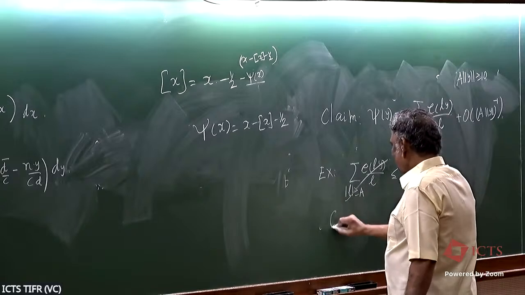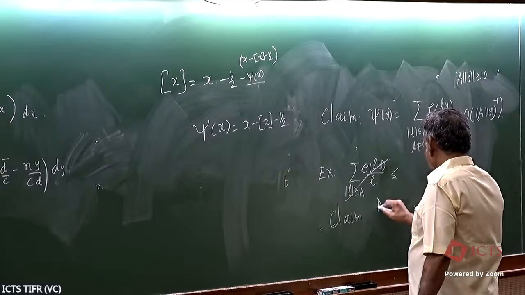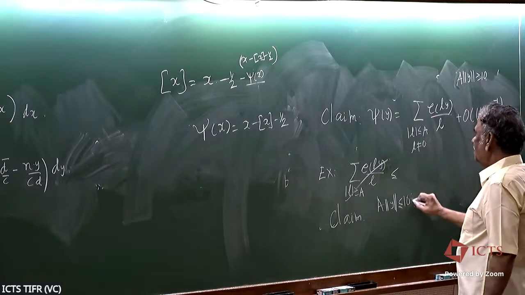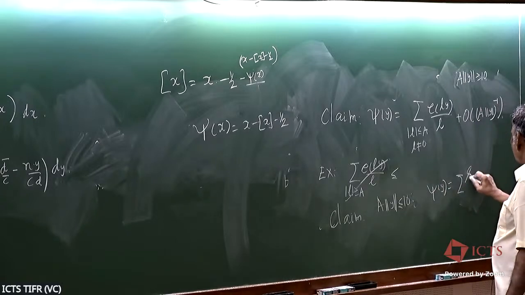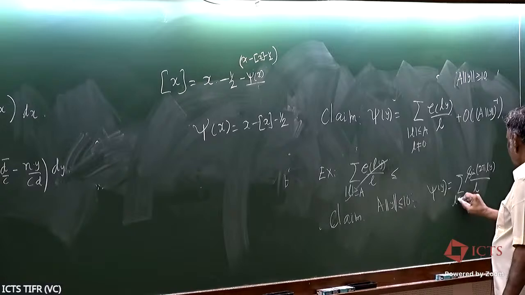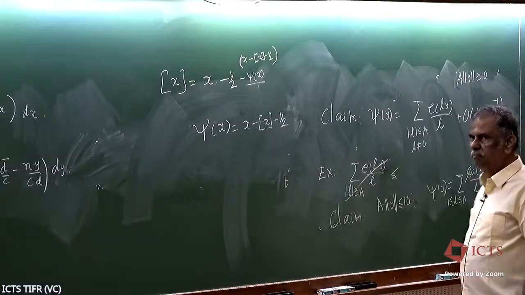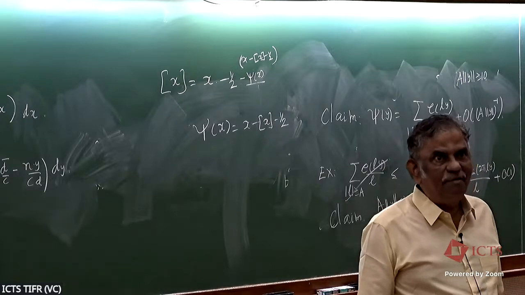The next claim which I make: if A times y modulo 1 is less than or equal to 1 over 10, then psi of y is equal to the summation of sin 2 pi L y divided by L, for L less than or equal to A, plus O of 1. That will not essentially come from Abel's partial summation.